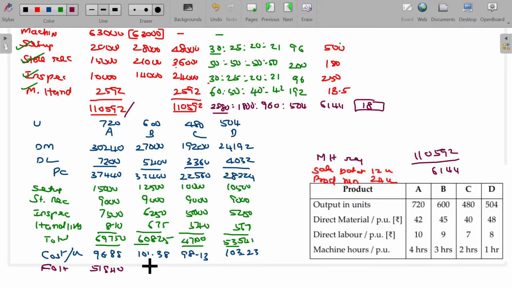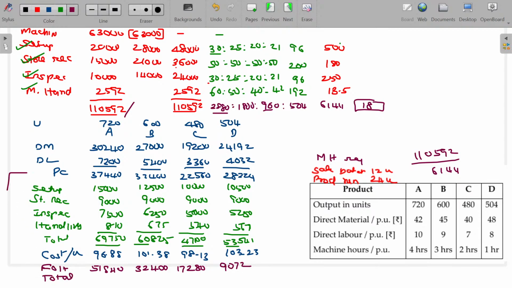Is it 18 rupees? Okay. Next, 1800 into 18, 32,400, and 504 into 18, 9,072. Then what is the total cost?